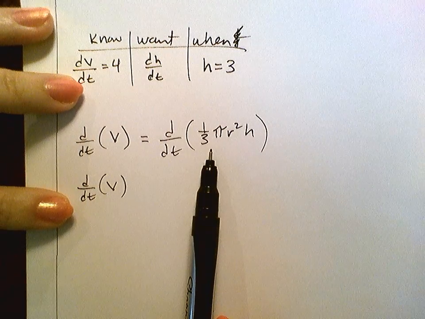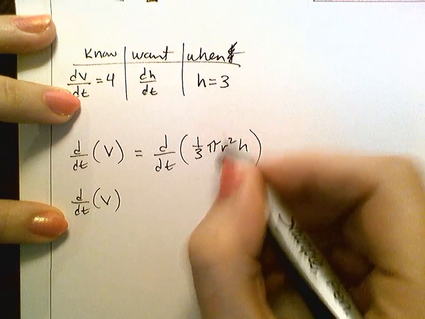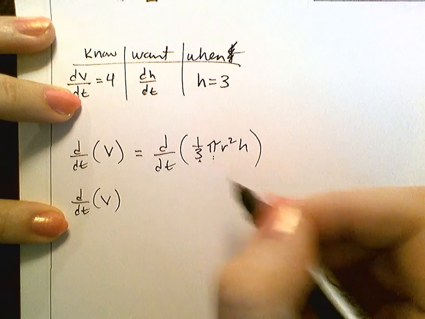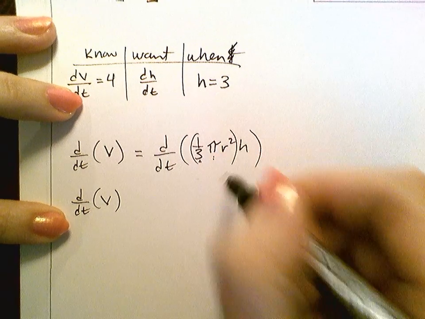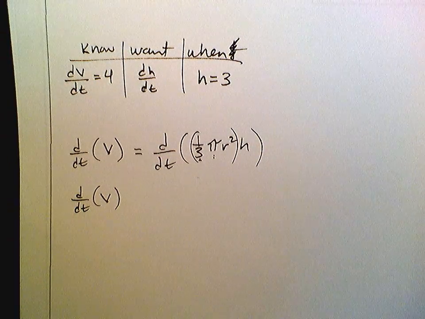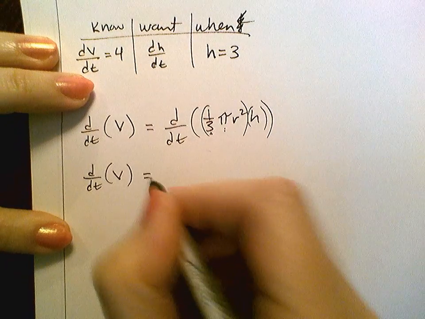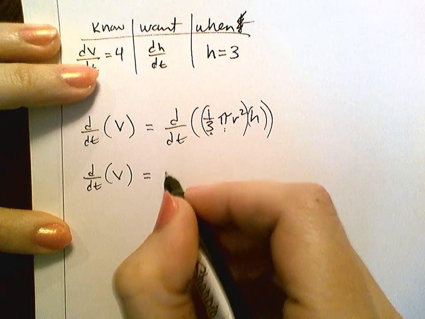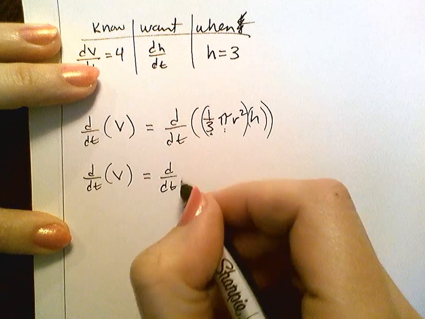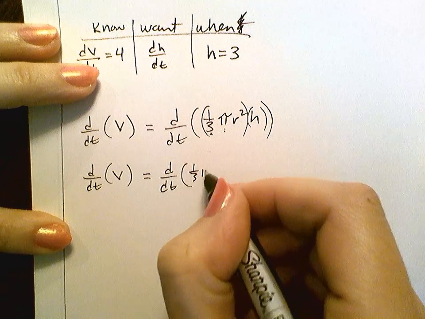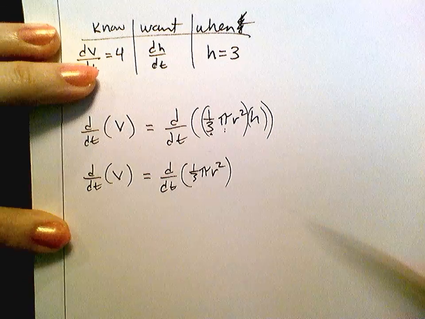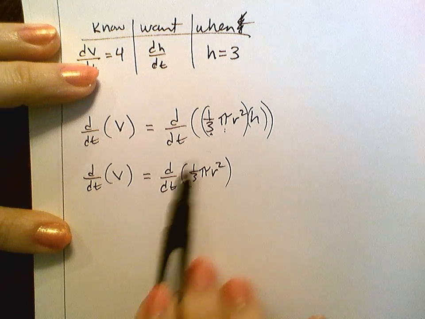This one, we need the product rule. Whenever you've got constant multiples or coefficients, I usually include those in the first function. And then this would be the second function. So I'm just going to set up the product rule. So d/dt of the first function, this is like bracket prime.